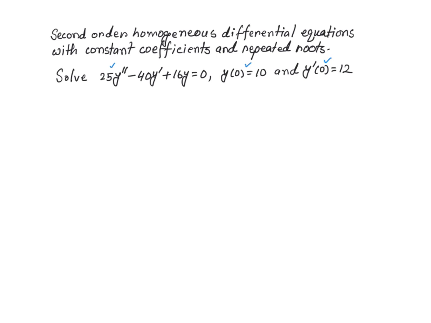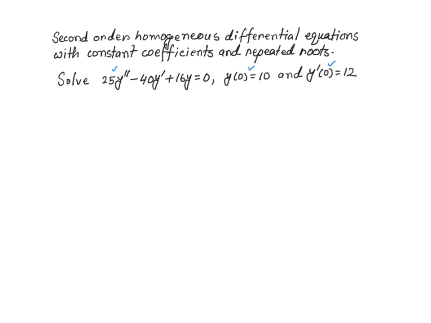So let's call our fresh solution of the form y1(t) = e^(rt), and then if we take the first and second derivatives we get y1' = r e^(rt), and y1'' = r squared times e^(rt).